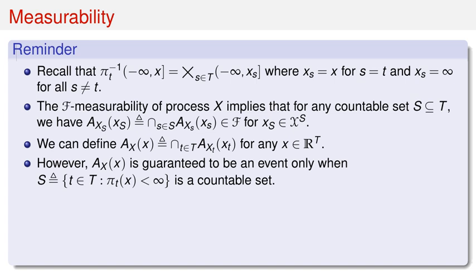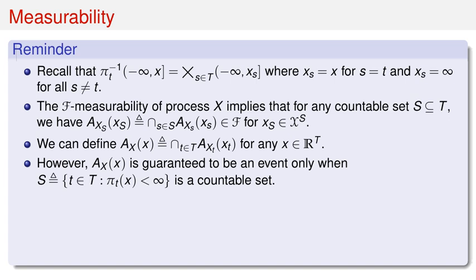However, this A(x) is only guaranteed to be an event, i.e. in ℱ, if the set S, defined as the t in T such that the t-th component of x, x_t, is less than infinity, is a countable set.